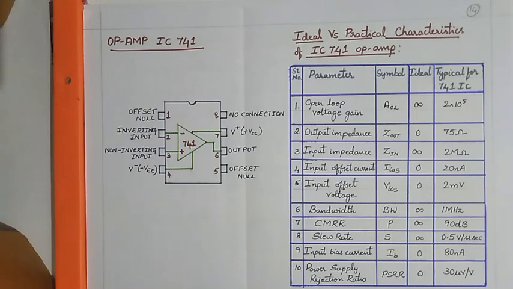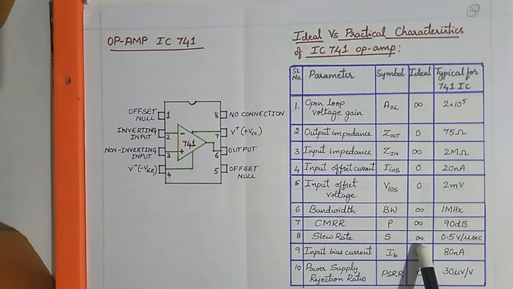CMRR, common mode rejection ratio, is the ability of the op-amp to reject the common mode signal, represented by rho. Ideally it is infinite, and the practical value is around 90 dB. Slew rate is the maximum rate of change of the output voltage with respect to time. This parameter shows how fast the output can change.